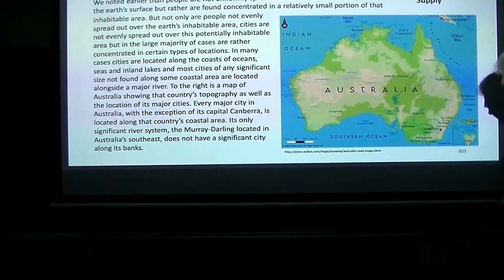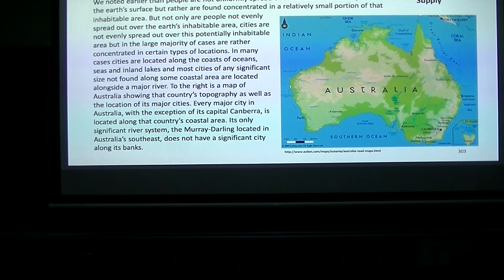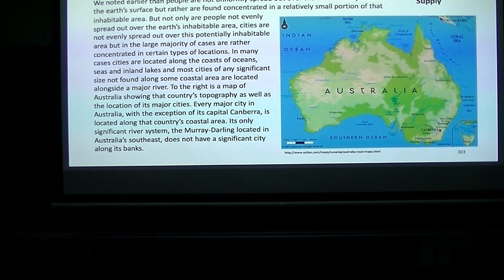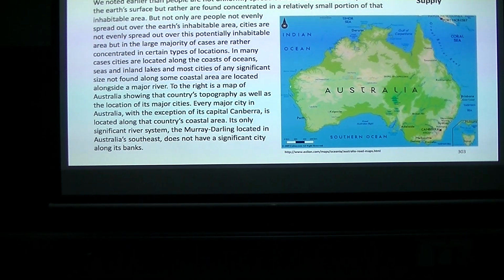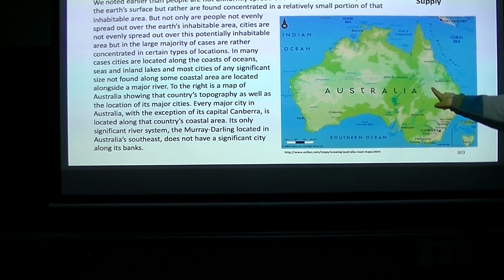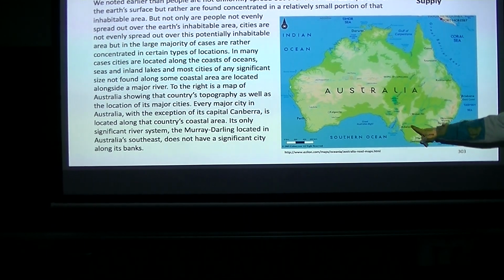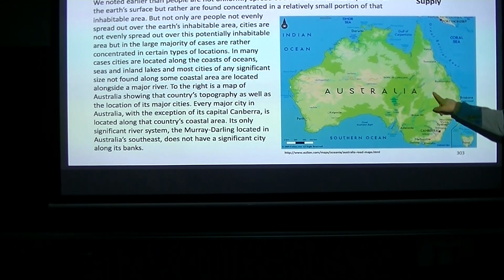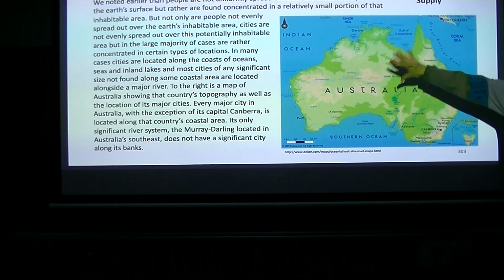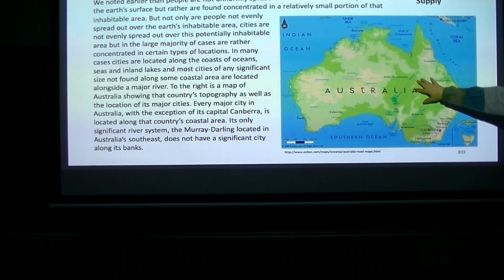This is Albury. One of the problems here is that there's no river system. One of the issues here is water. It's a very dry continent. You've got the Murray-Darling River system here in the southeast. This is the only significant river system in the entire huge country. This is as big as the 48 states in the United States.